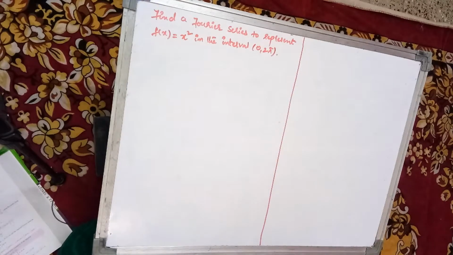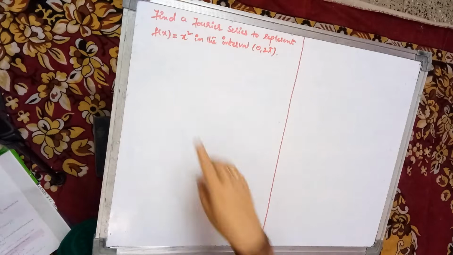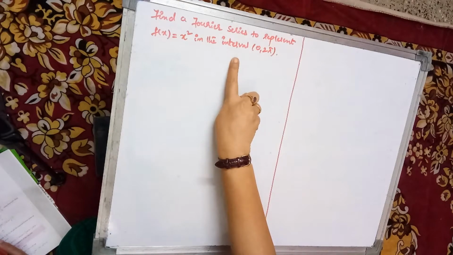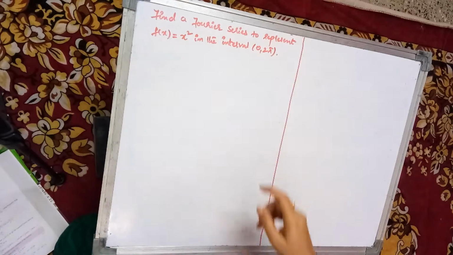Now what's your function here? Your given function is x square and the interval is from 0 to 2 pi. Now here you have to find a0, an and bn.